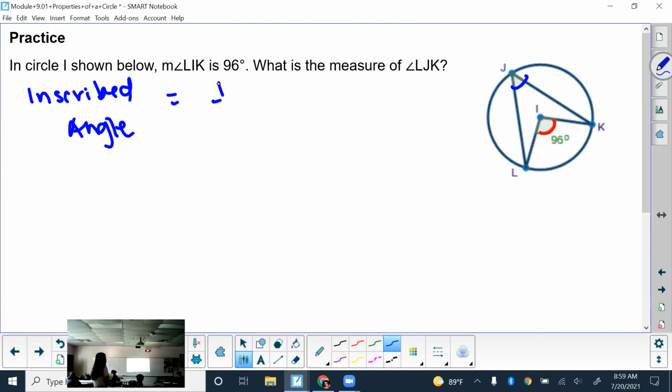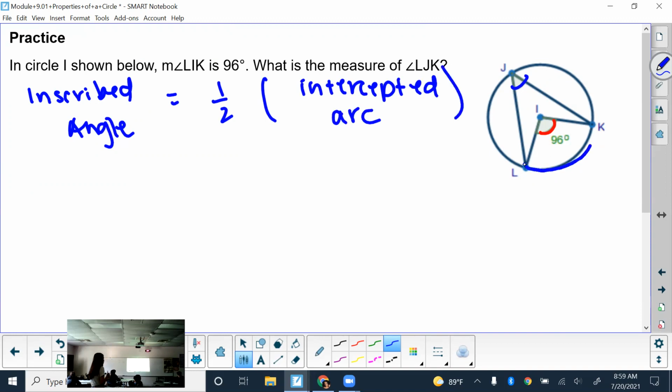That formula is half the intercepted arc, which basically just means the arc that the angle looks directly at. All right, so there's my intercepted arc.